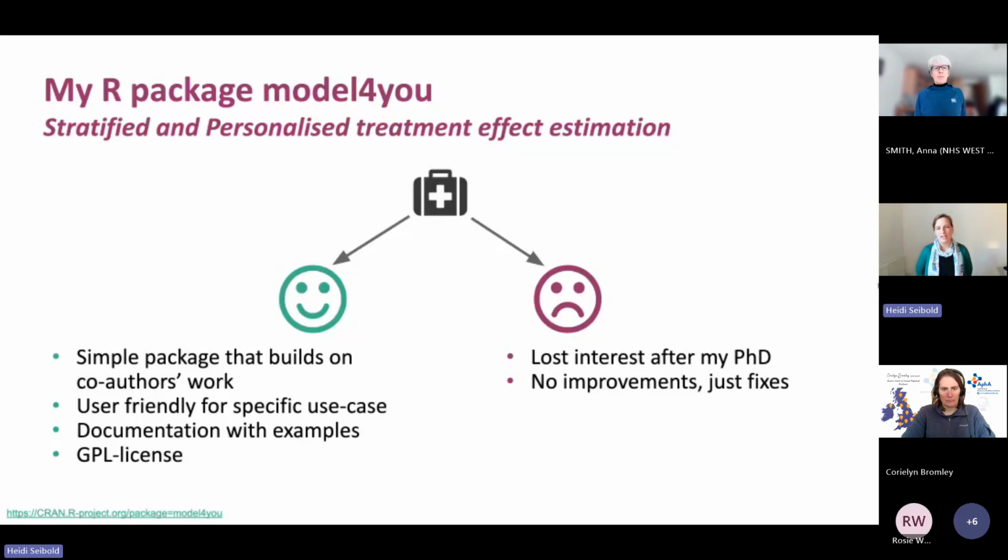There's an R package that can do everything that's shown in this package, but it's a lot more broad. So what we wanted to do with this package, Model for You, was to make it a lot more user-friendly for the people who wanted to do specifically stratified or personalized treatment effect estimation, right? So who wanted to find out which types of patients benefit more from the treatment or which types of patients benefit less from the treatment.